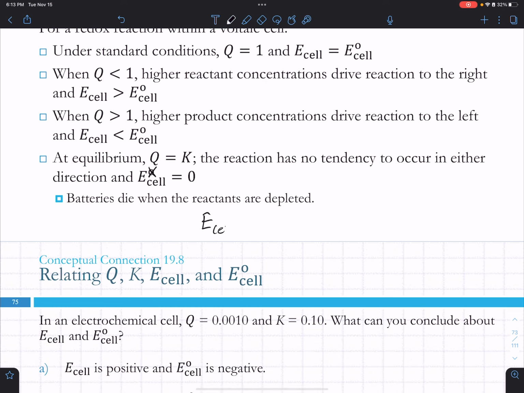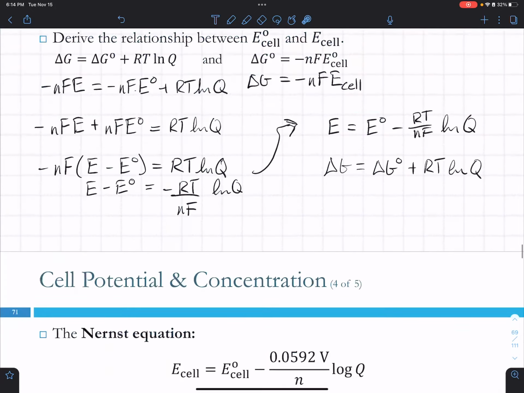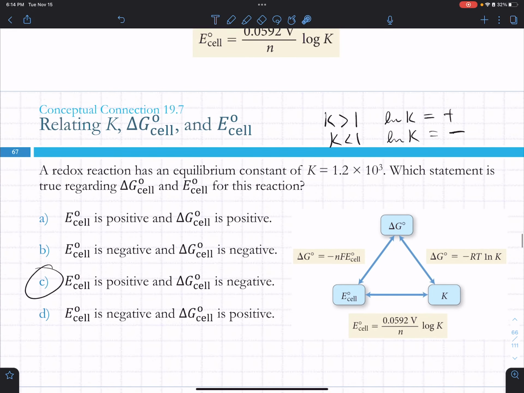Because it's E cell, and then it would be E cell this minus... so when you put K in here, then you get this, because we're E cell naught.